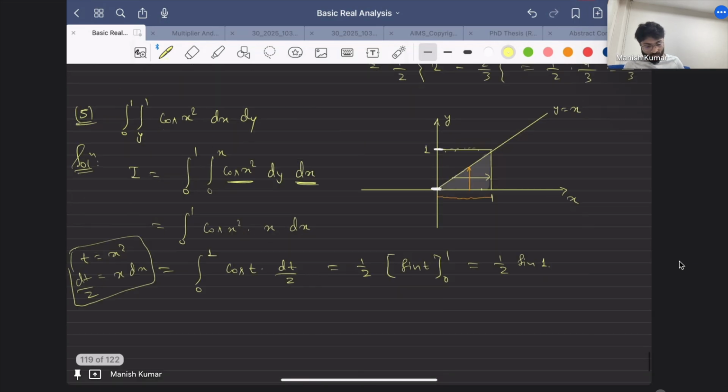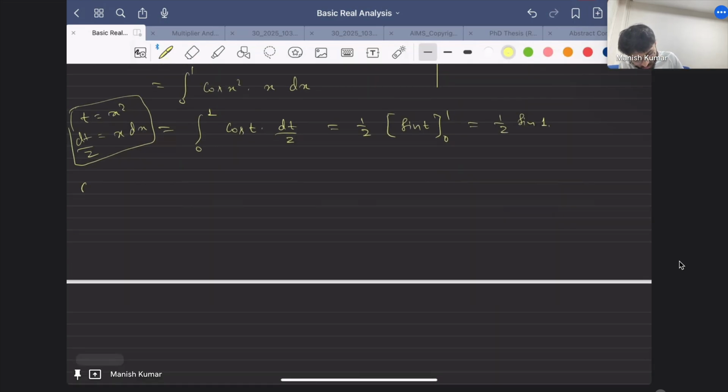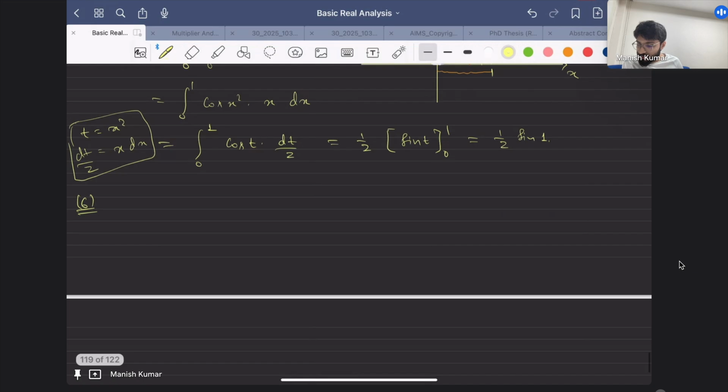Okay, so now let's go to the next problem. So here, let me write in short, you have to just compute the area of this region. Let me draw here itself.